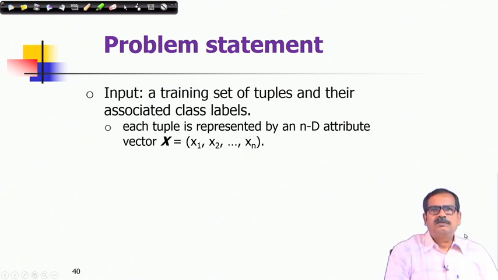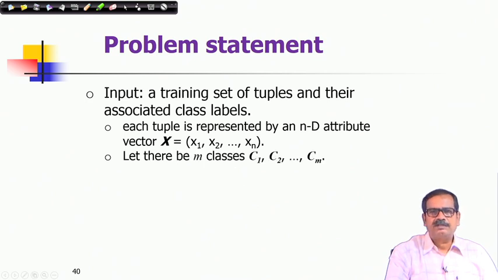So, just to once again summarize the problem statement in a more concrete form, we have an input to our classifier. It is a training set of tuples and their associated class labels, and each tuple is represented by an n-dimensional attribute vector x. The representation has been shown here, and they are the data points I am referring to in an n-dimensional space.